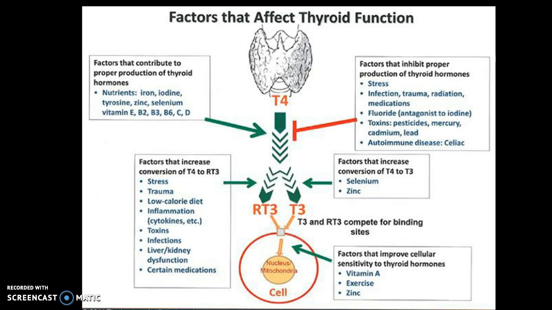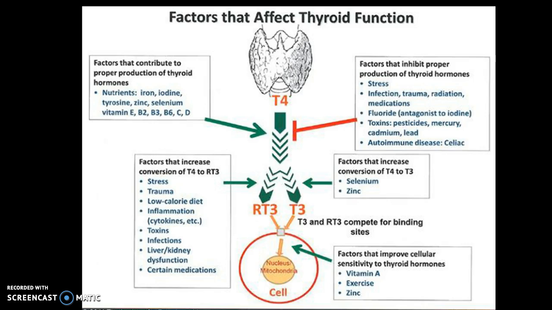We also have a number of different nutrients that affect metabolism in terms of affecting the thyroid. So you can see that there are certain nutrients that contribute to proper thyroid function, certain nutrients that inhibit proper thyroid function, or if we can't absorb them, they might do that. There are certain factors that might increase the conversion of T4 to T3, which is going to help us increase metabolism.